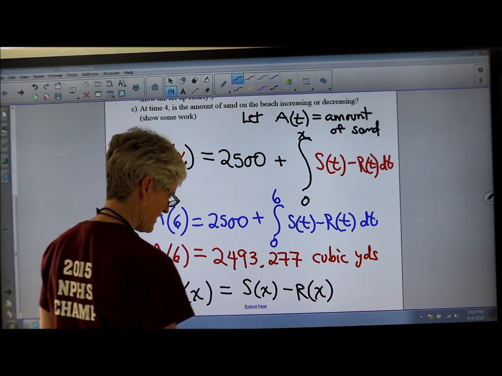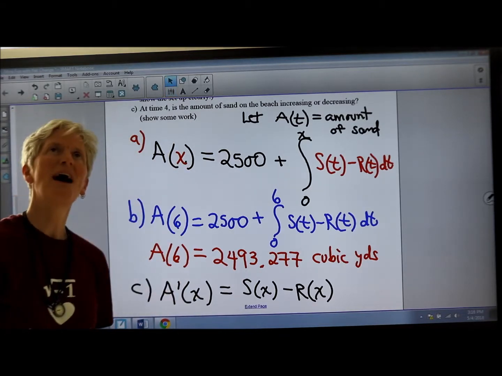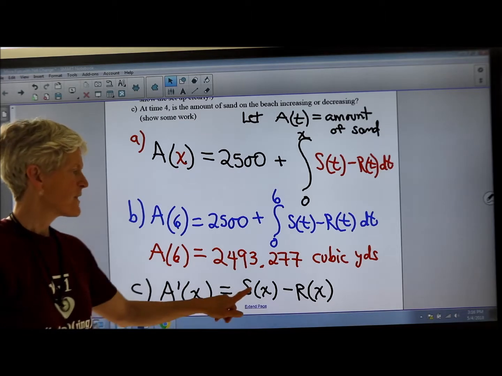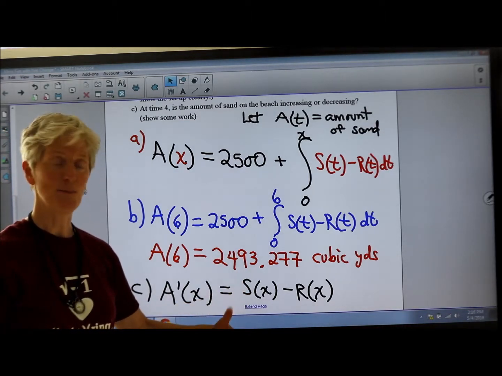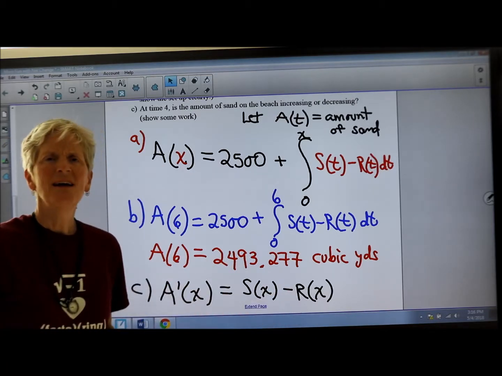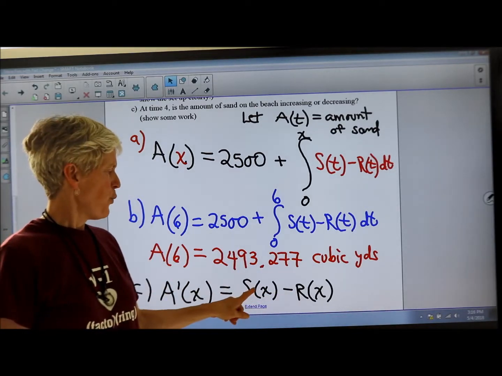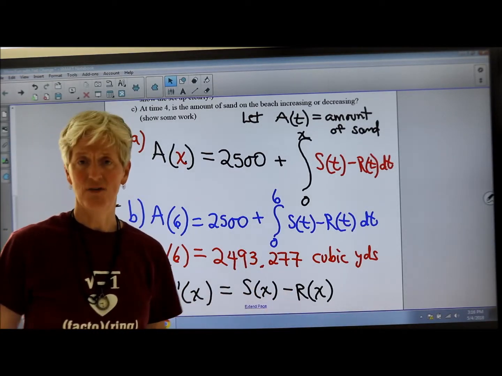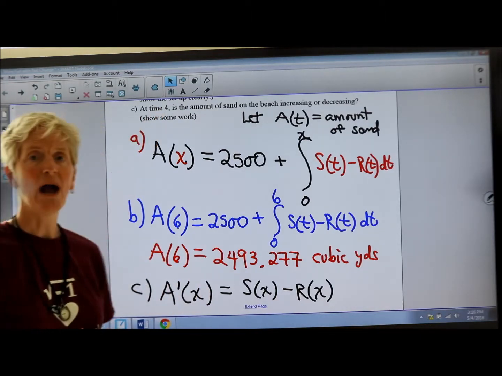And then I stop and think about it and think, well, of course, I didn't even have to take the derivative. I could have just thought, wait a minute. S of x is the rate at which sand is being added to the beach. R of x is the rate at which sand is being removed. I could have just looked at the rates and thought, okay, which is bigger, S of x or R of x, at the moment, 4 hours.